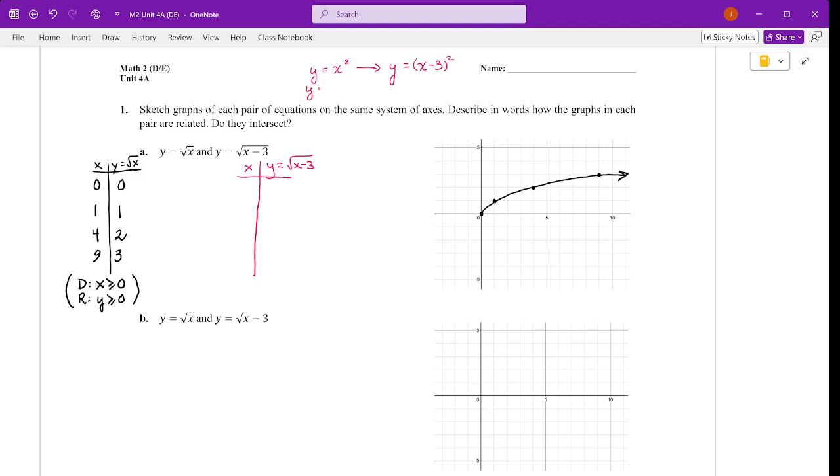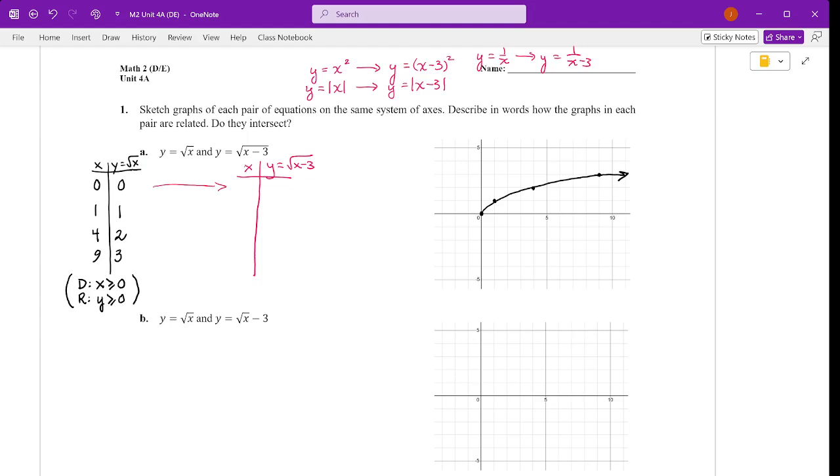Or if I start with y equals absolute value of x, and then turn it into y equals absolute value of x minus 3. Or y equals 1 over x, which gets switched to y equals 1 over x minus 3. This is the same sort of deal. I took y equals root x and turned it into y equals root x minus 3.